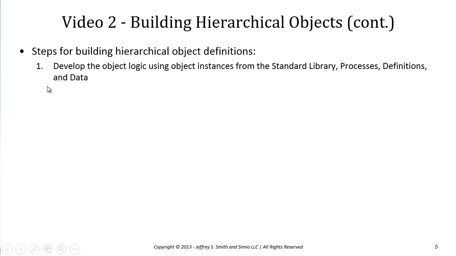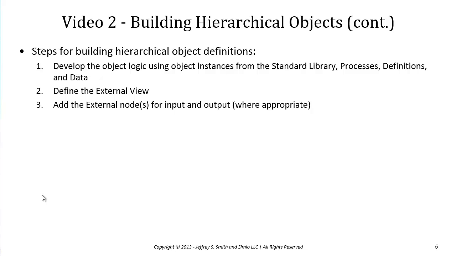So to build new object definitions using the hierarchical method, we basically develop the logic using the object instances from either the standard library or from a custom library. The process is definition and data, as we do usually when we build models. Then we define the external view.